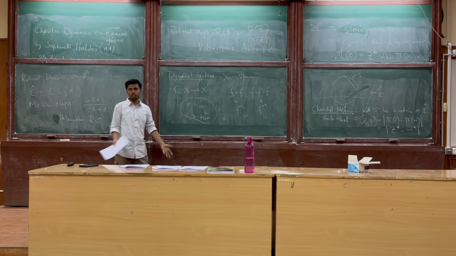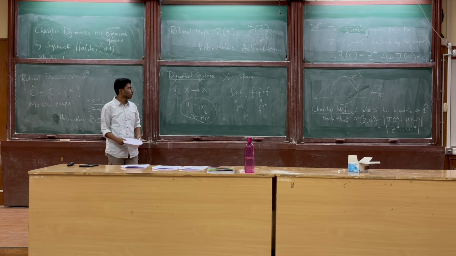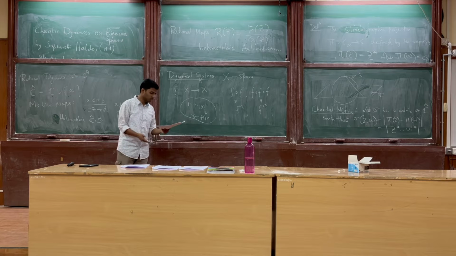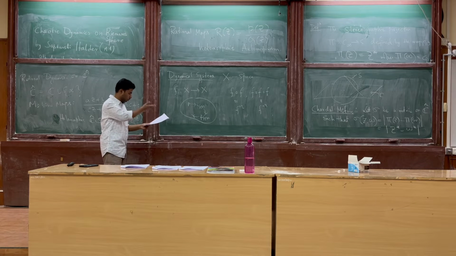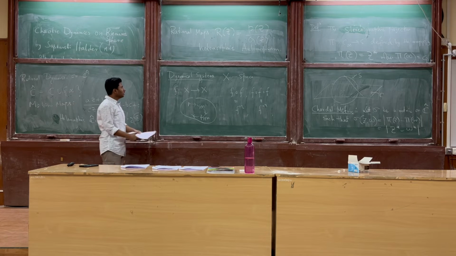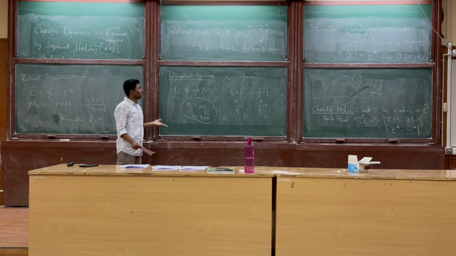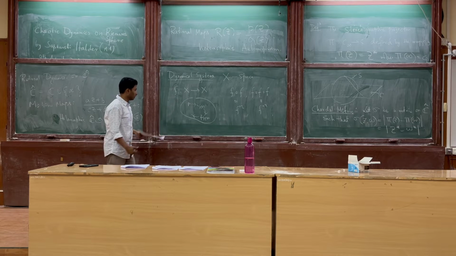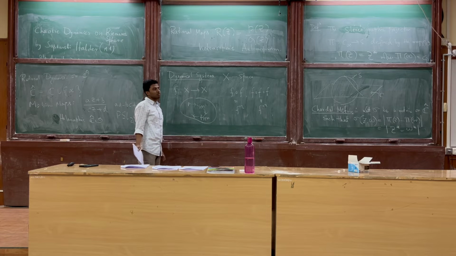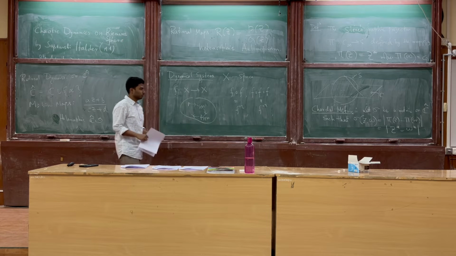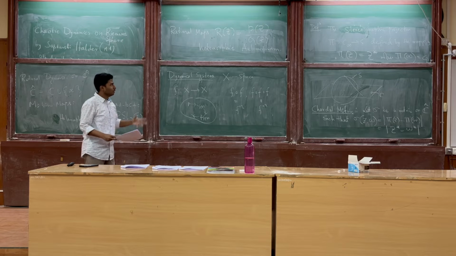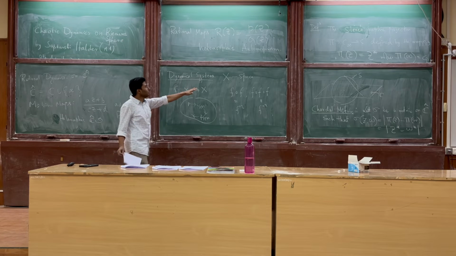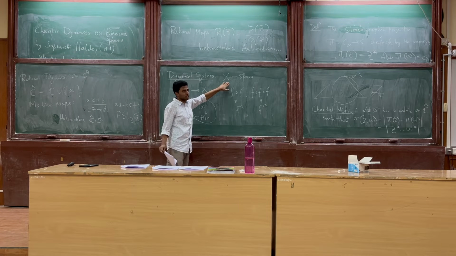Whenever we take a metric space, it will be nicer, because we can have a notion of distance between points. X can also be taken as a smooth manifold, and in that scenario the dynamical system is called a smooth dynamical system. So I want to say that it depends on this space X.